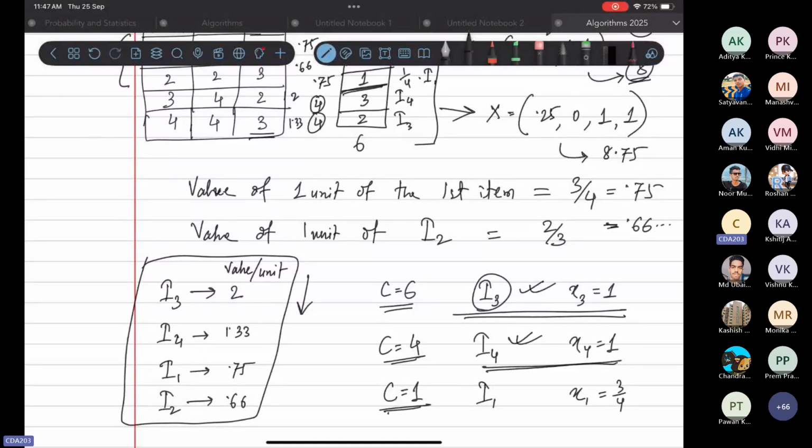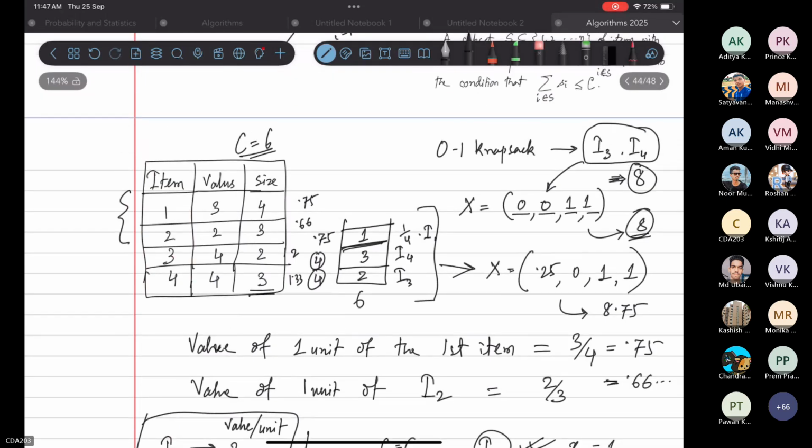It's basically C divided by the size of this item. Okay. You got this idea? Okay.